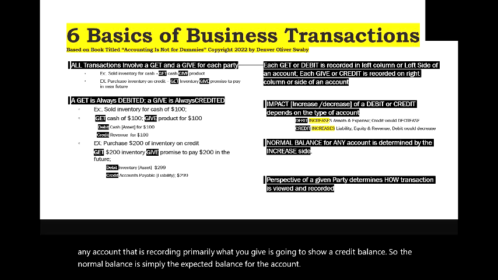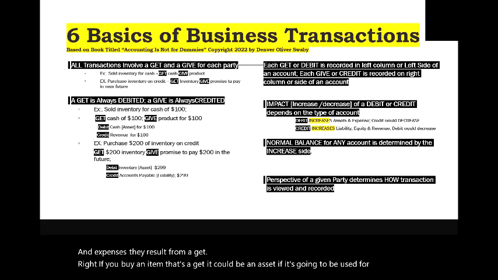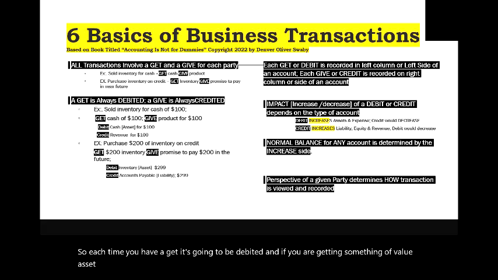And so when you look at the different categories of accounts, assets and expenses, they result from a get, right? If you buy an item, that's a get. It could be an asset if it's going to be used for an extended period of time, or it would be an expense if it's short-lived. So each time you have a get, it's going to be debited.